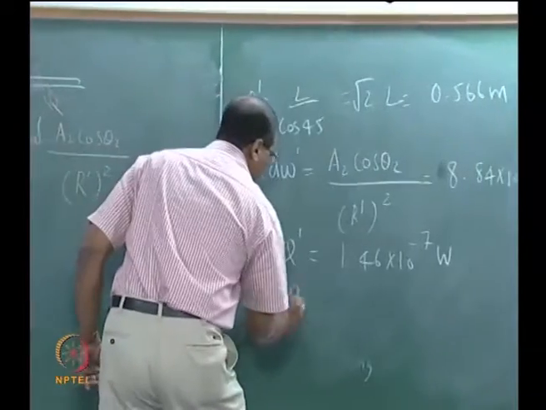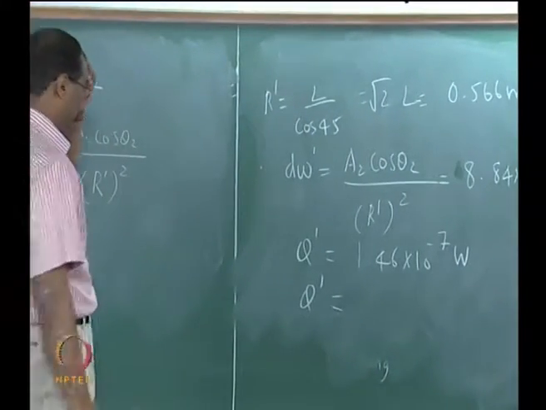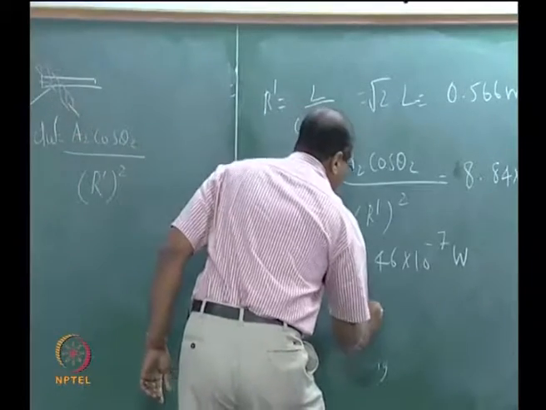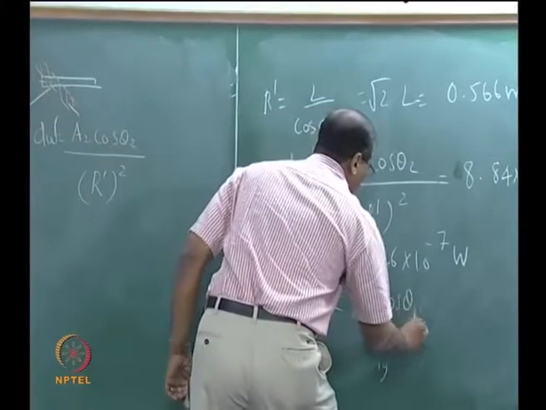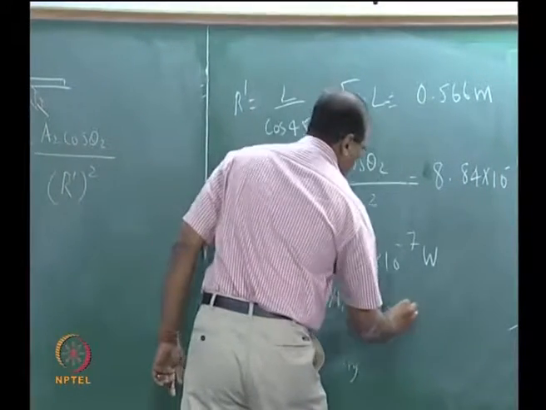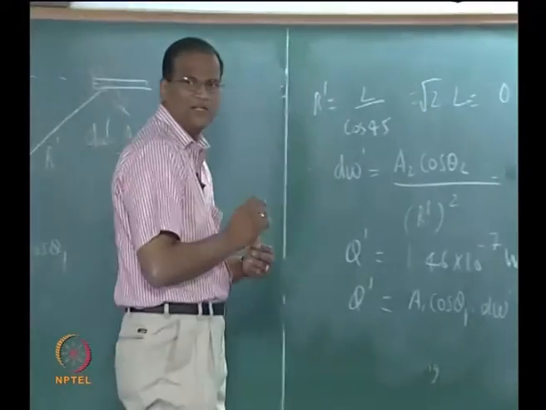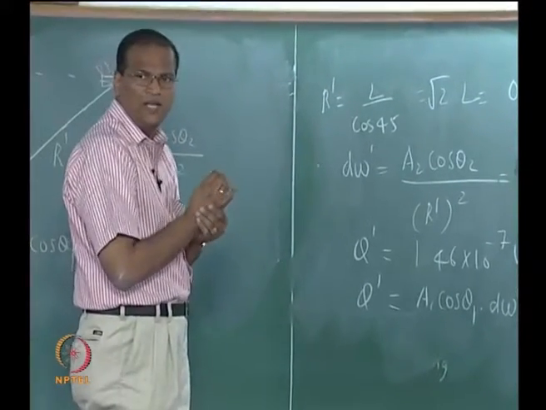Q dash is also equal to d omega dash, IB.